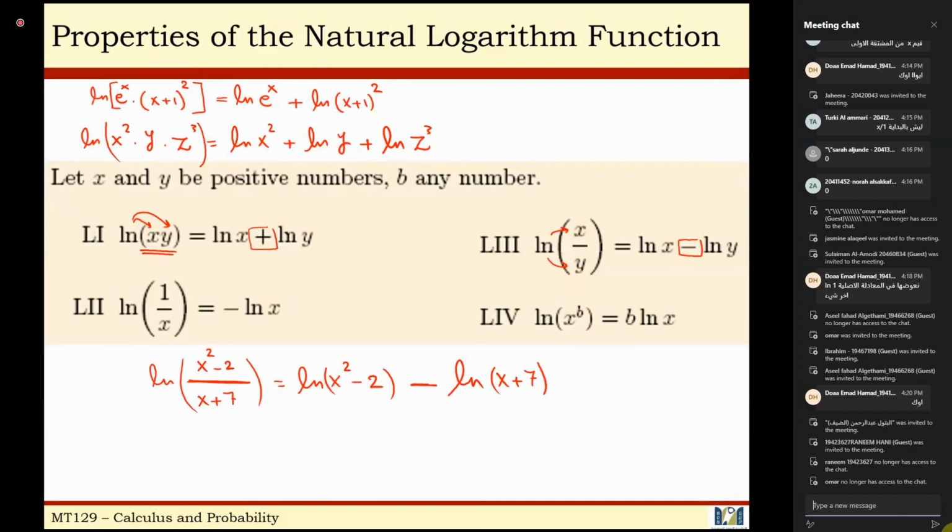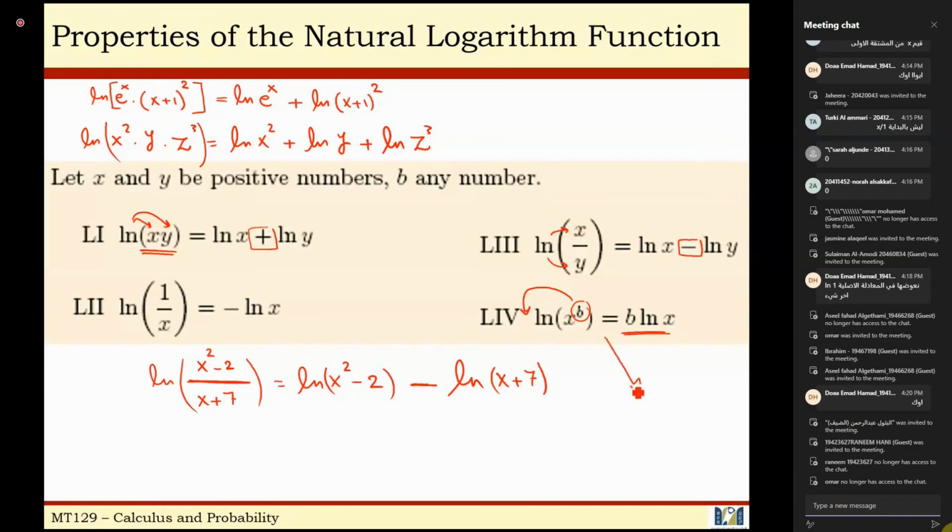Okay, now if we also have a power on a bracket or variable, we can put it outside the ln. Also, if we have any number outside the ln, we can put it inside the ln, like this.